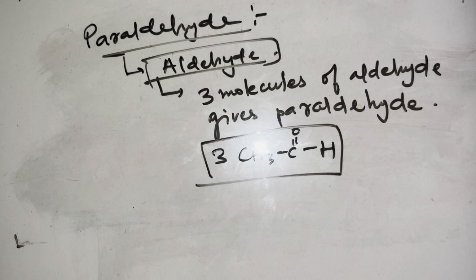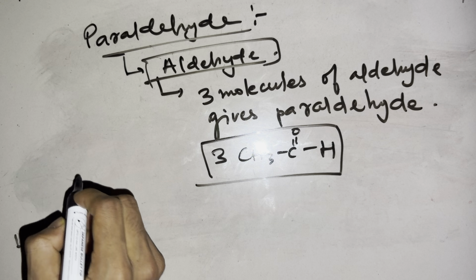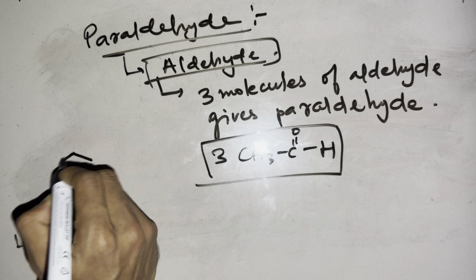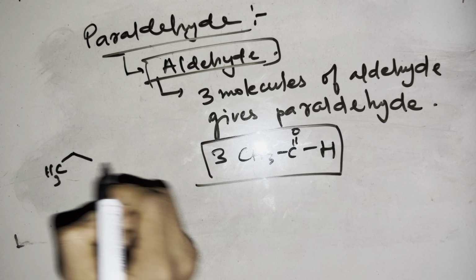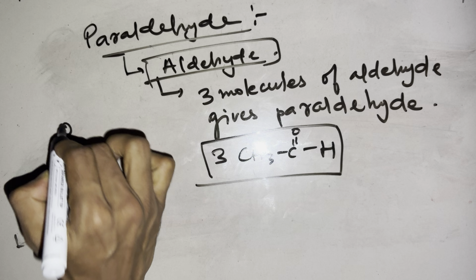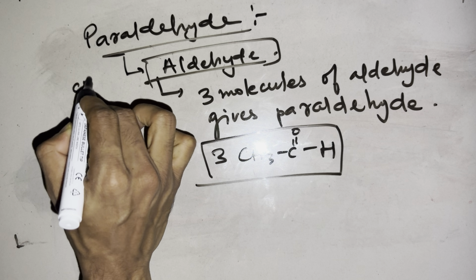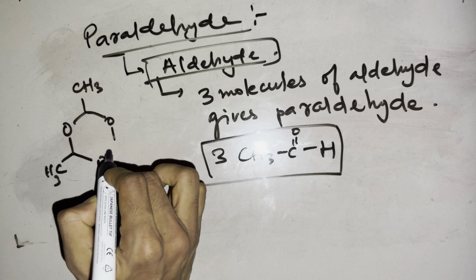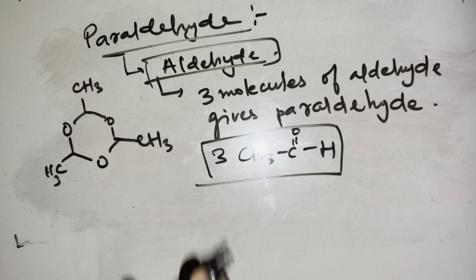Okay. Now we will see the structure. The structure will be like this. See, first of all, CH3 connected to O, then it is connected to another CH3, connected to O, and it is connected to another CH3.